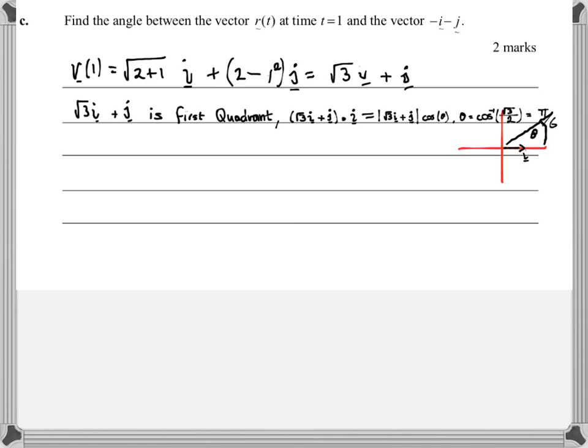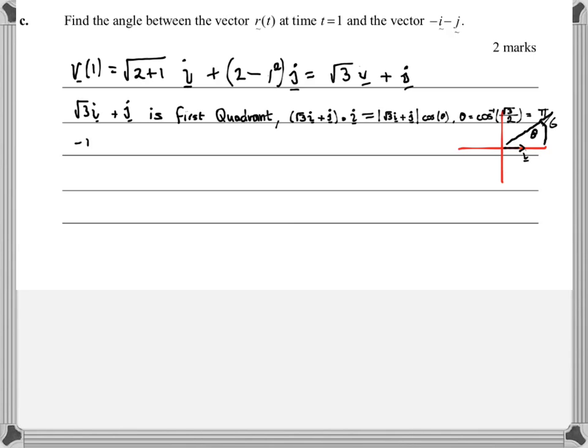And the magnitude, the modulus of root 3 i plus j, is the square root of 4, which gives 2. We divide over here to the left, and take the inverse cos to get the angle by itself. You can check it yourself if you like. The inverse cos of root 3 on 2 is pi on 6. So our small angle theta there is pi on 6.